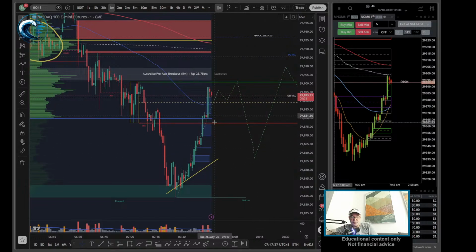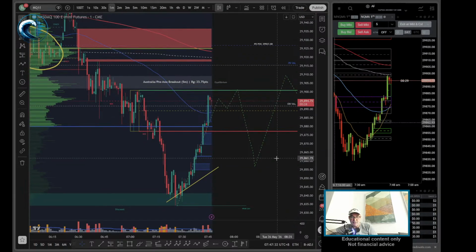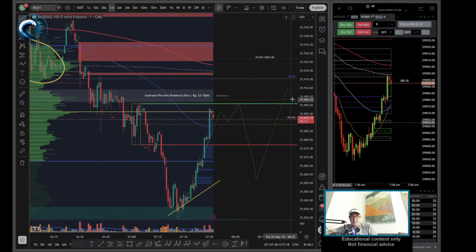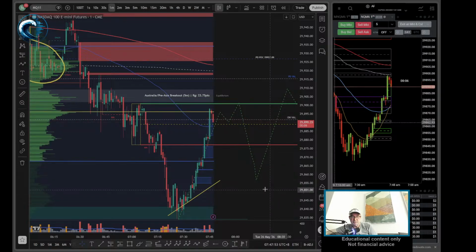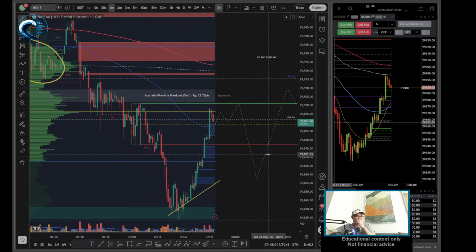I still want this move. We shall see. Until it goes outside the orb, I'm not bullish just yet. When I say bullish, basically just to hit this target here. Ideally I want to see it hit here and come back inside. If it hits here, it's an indication that there is a bit of strength in the market still.